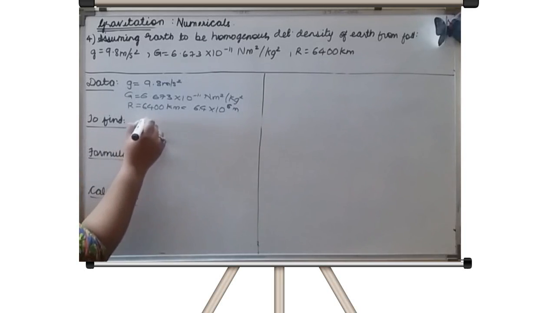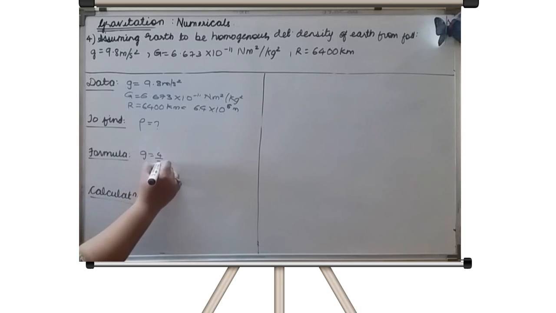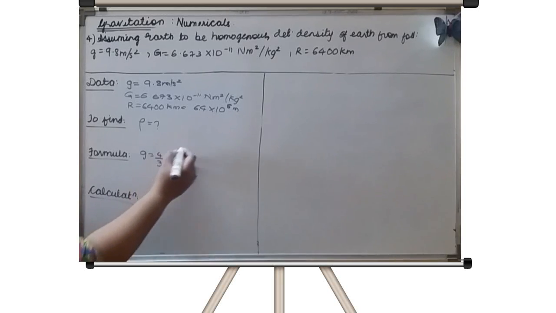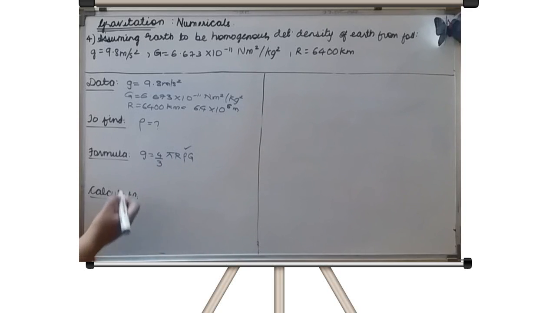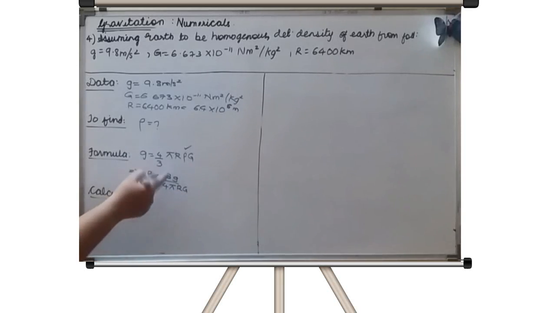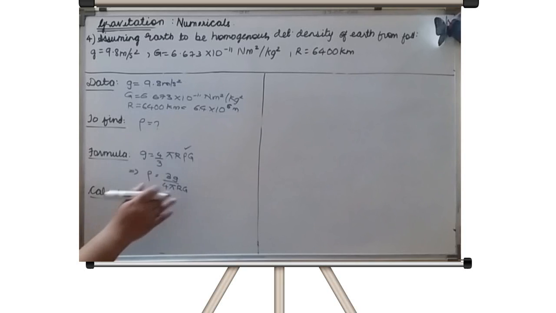We have to find density, rho. Formula is g equals 4 upon 3 pi R rho G. From here we have to take out density. So just convert it: rho is equal to 3g upon 4 pi R G. Whatever is in the numerator comes to the denominator, and whatever is in the denominator comes to the numerator.